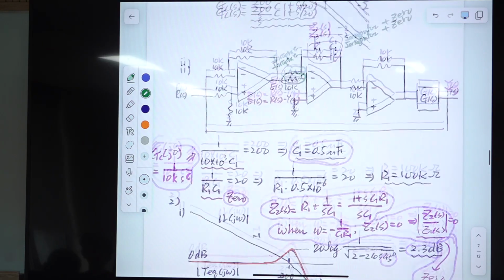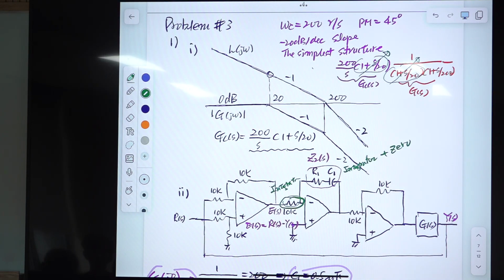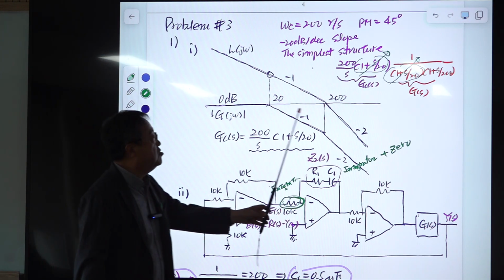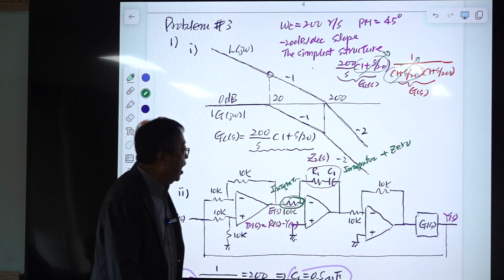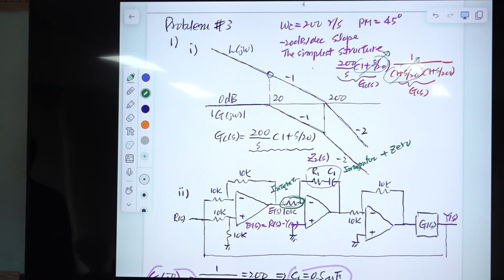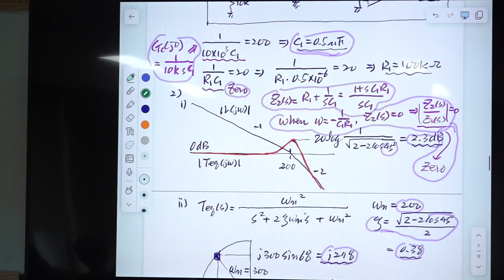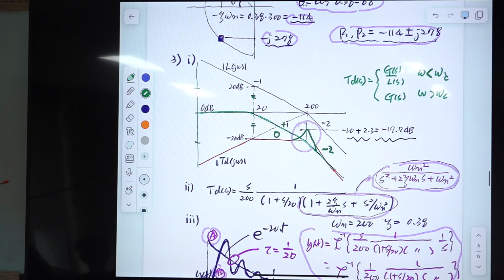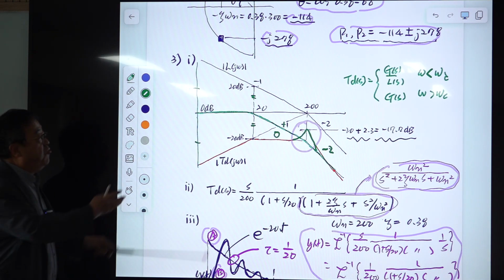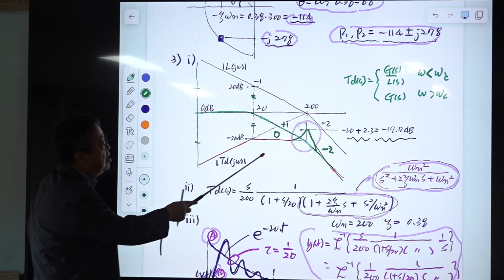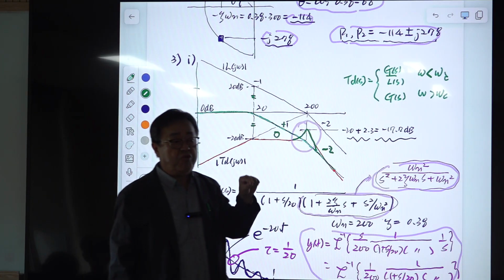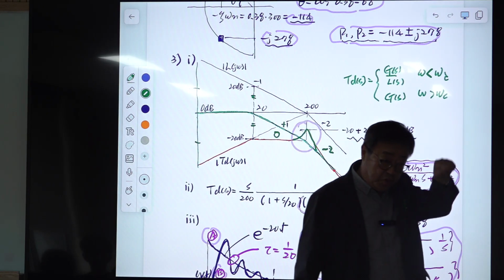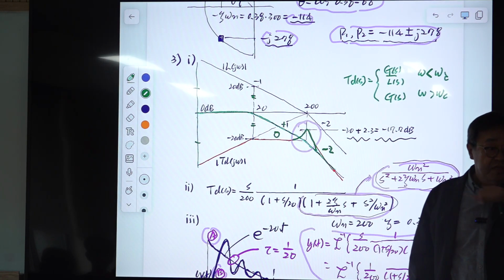The problem with this example is, first, this loop gain crossover frequency is too narrow. It can be increased, okay? And this has some oscillatory behavior. Even though it has 45-degree phase margin, it has some peaking, okay? So this disturbance to output response will show some oscillation, all right?